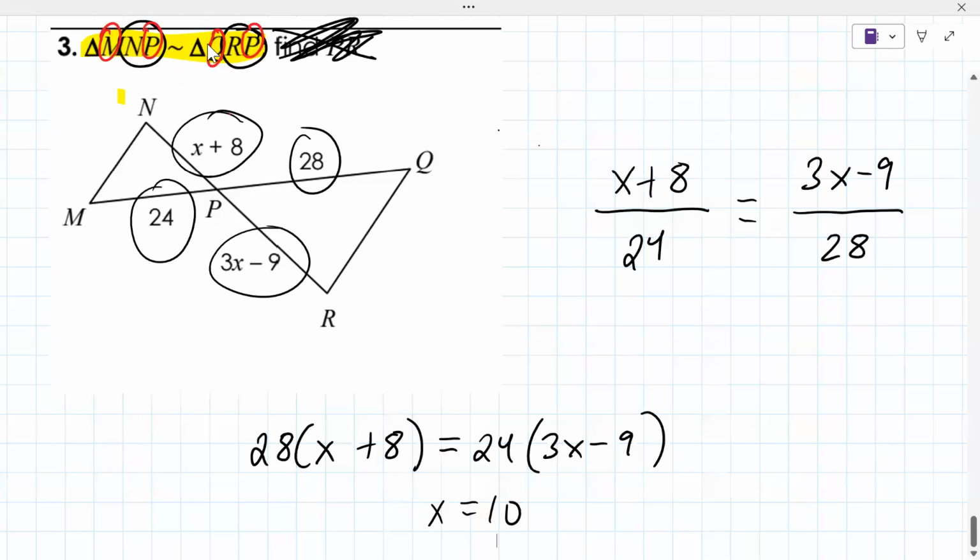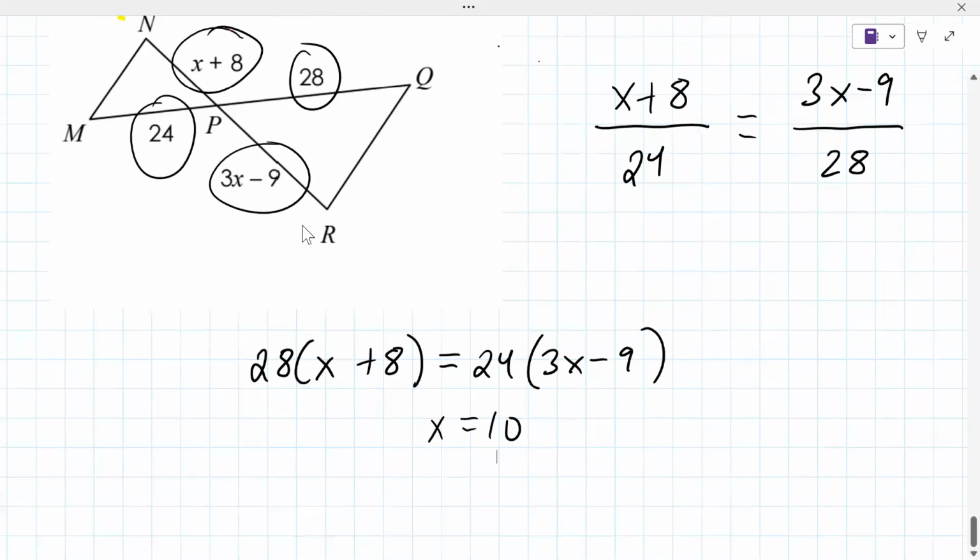All right, now this time you have to find both NP and PR. Could you do that for us, please?